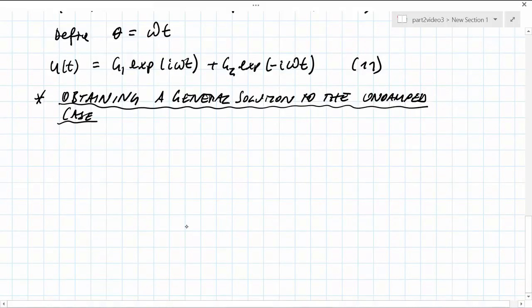To obtain a general solution to the undamped case, we need to firstly relate G1 and G2 in equation 11, and secondly, we need to make use of Euler's transformation.